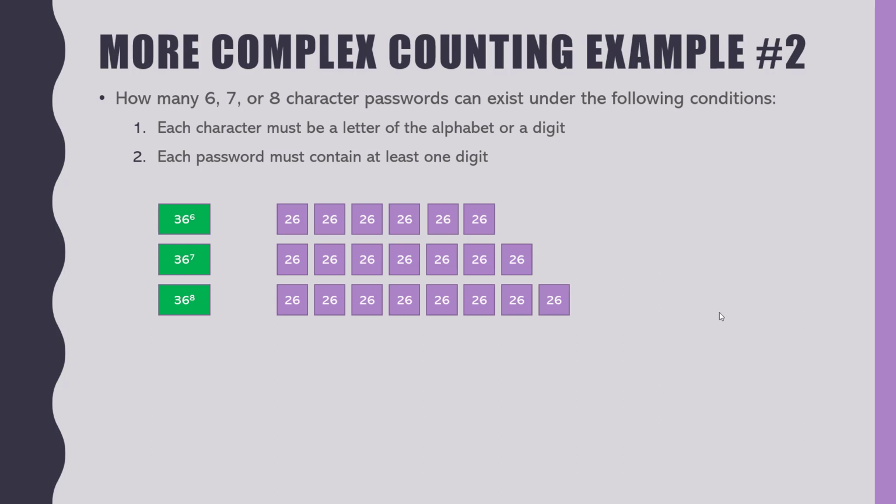Now, I could put a digit in there. I could put the number 9 in there, but that's not what I'm asking. I'm asking how many passwords can exist that are all A through Z. Well, there are 26 to the 6th of those, plus 26 to the 7th of those, plus 26 to the 8th of those. You guys agree with that? So there are those numbers.